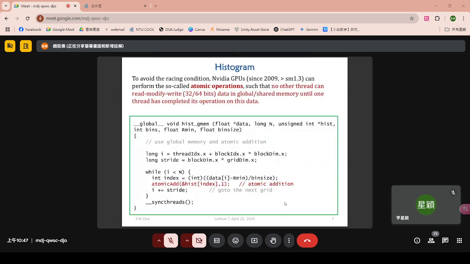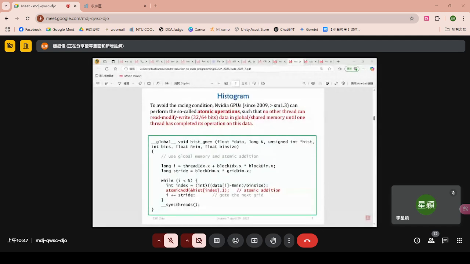Okay, let me go to the code. So, histogram, one GPU, and then the core memory.